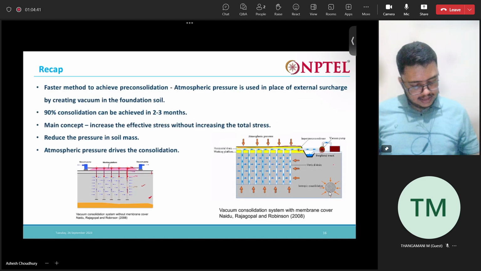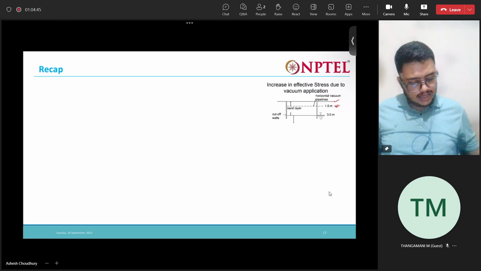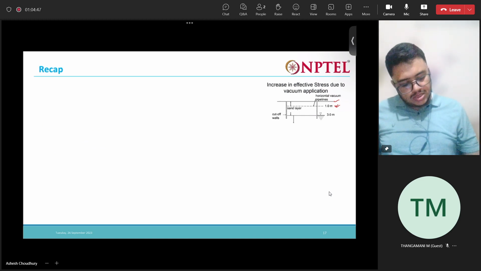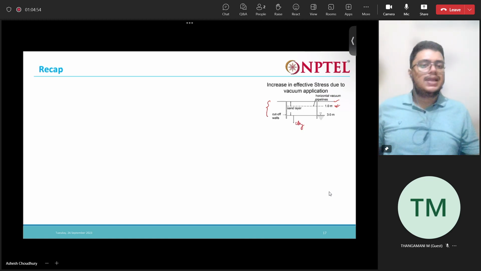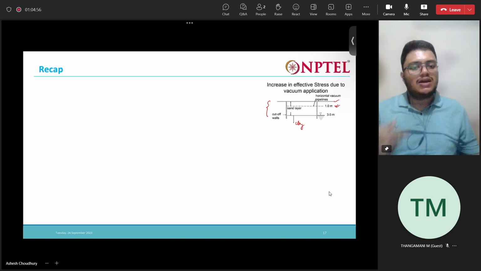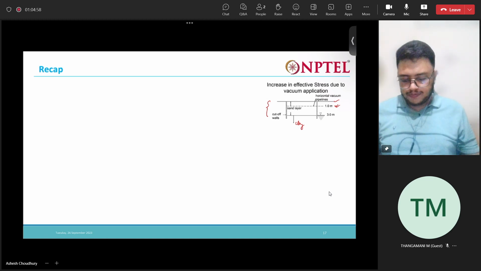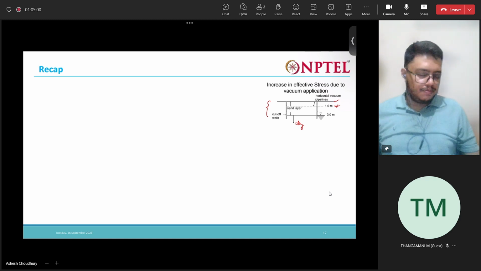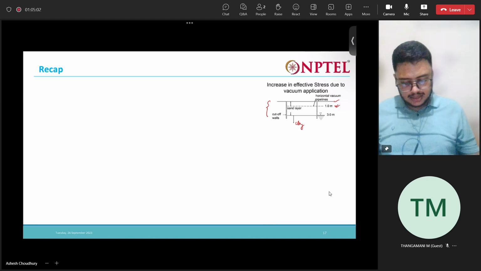So we have this drainage line here at 1 meter level. From 1 meter to 3, this part is sand, and this part below is the clay layer in which we have to do this consolidation, where we have to accelerate the consolidation. This is the clay layer.